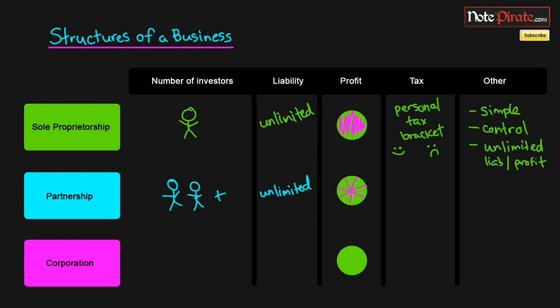And the tax bracket for a partnership is going to be, again, based on your personal tax bracket. So the income that is generated by your partnership is going to be paid out to the owners, or the partners in your company, and the income is going to go to you.